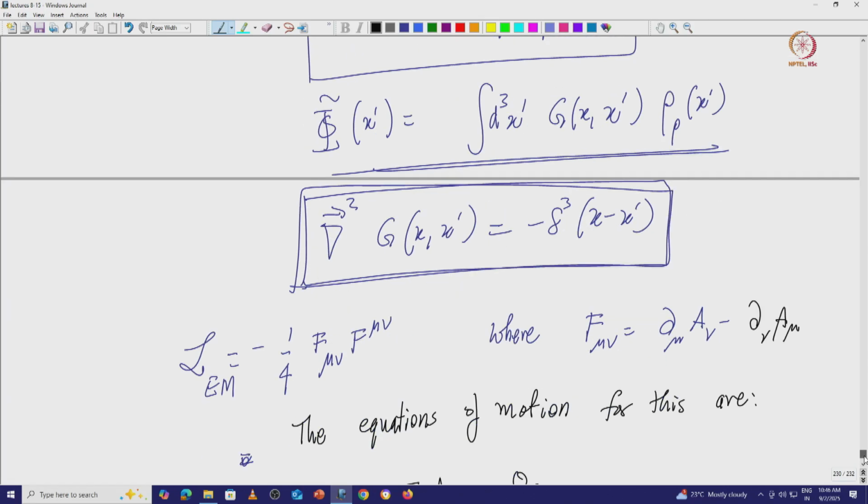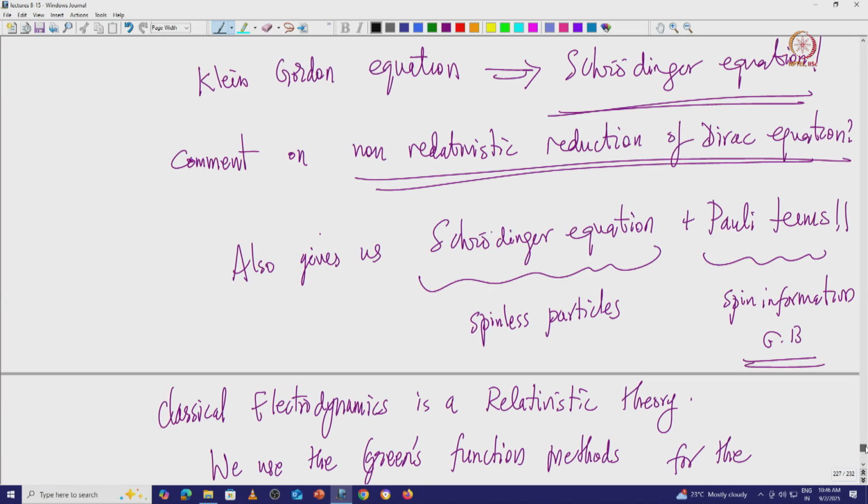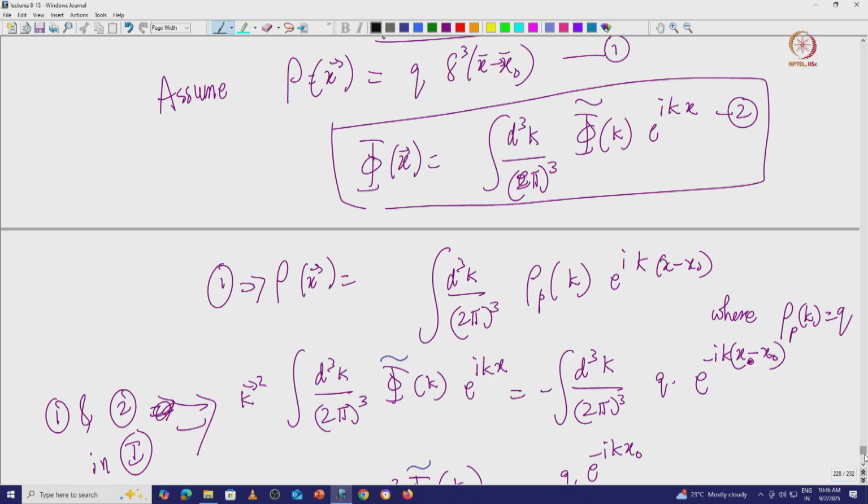This can be represented in the position basis in terms of 1 by x minus x bar, 1 by r essentially. 1 by r is nothing but 1 by k square in the momentum space.